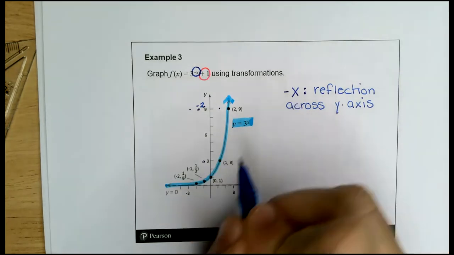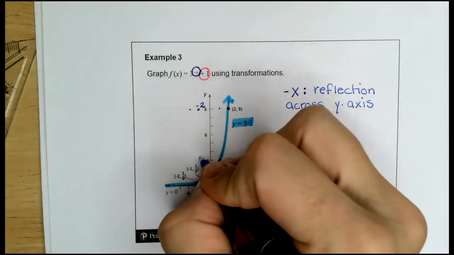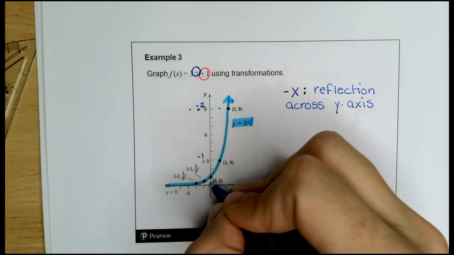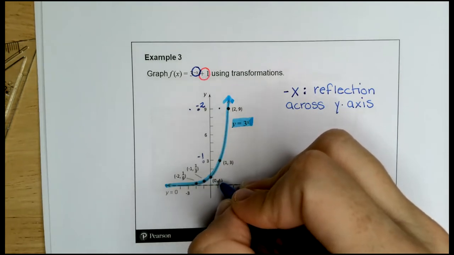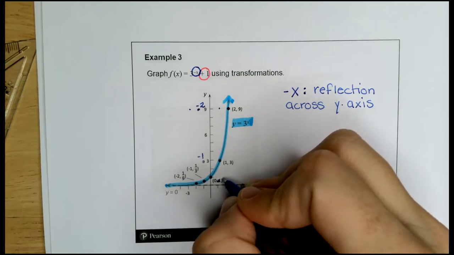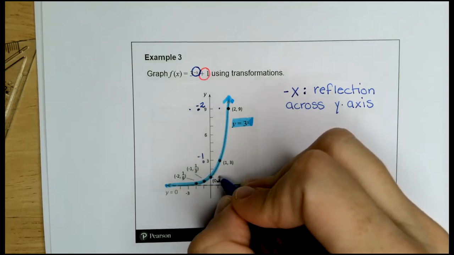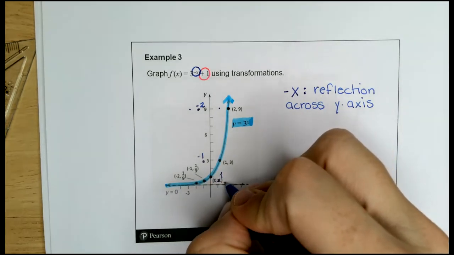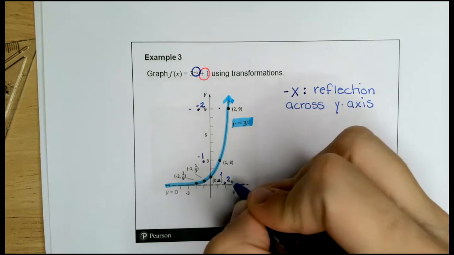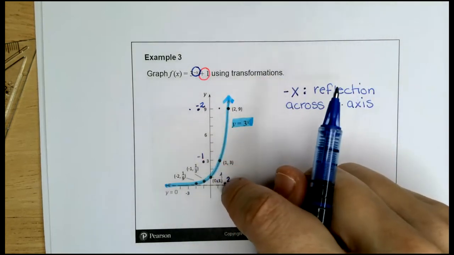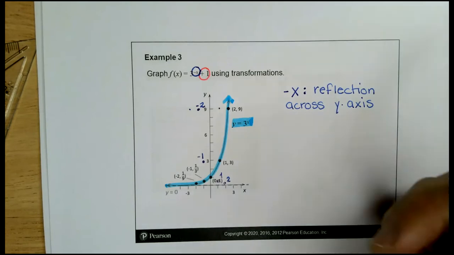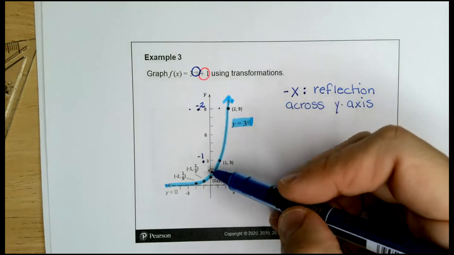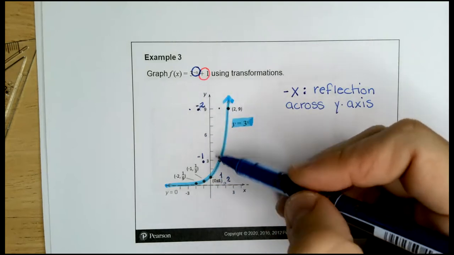If I made just the x's into negatives, it would become a -1, 3, right? Sorry, -1, 1/3. The opposite of that is +1, 1/3. -2, 1/9. The opposite of that is +2, 1/9. So all of my x's have changed places because I changed them to their opposite. And what that does is reflects it or makes it a mirror across the y-axis.